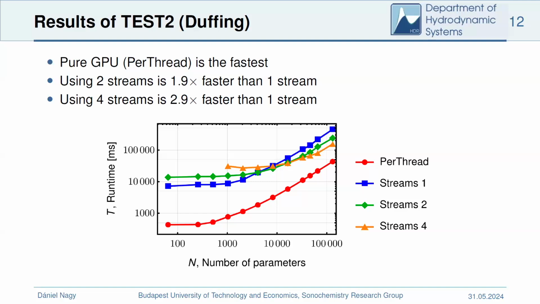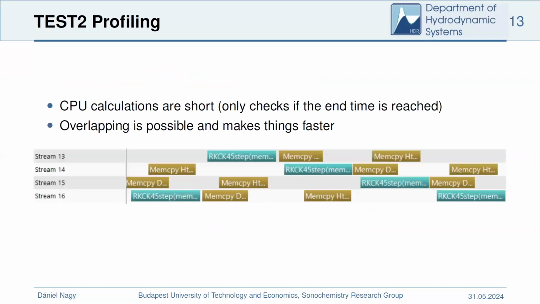Okay, the second question is, if you go to the next slide, I'm just wondering whether the kernel time in this case is the same as the kernel execution time in the pure per thread version?